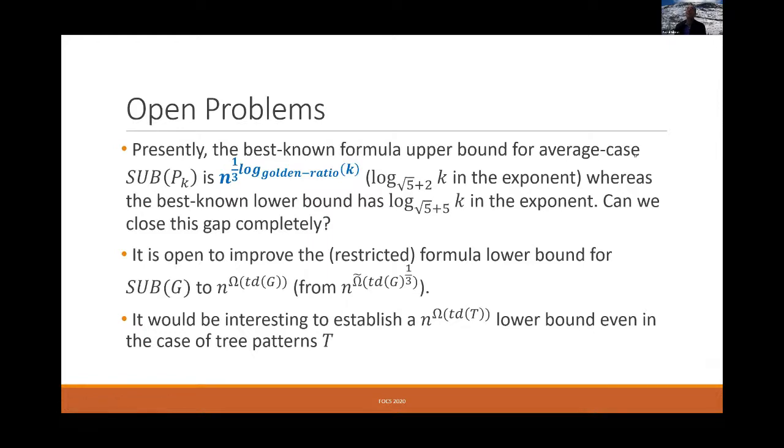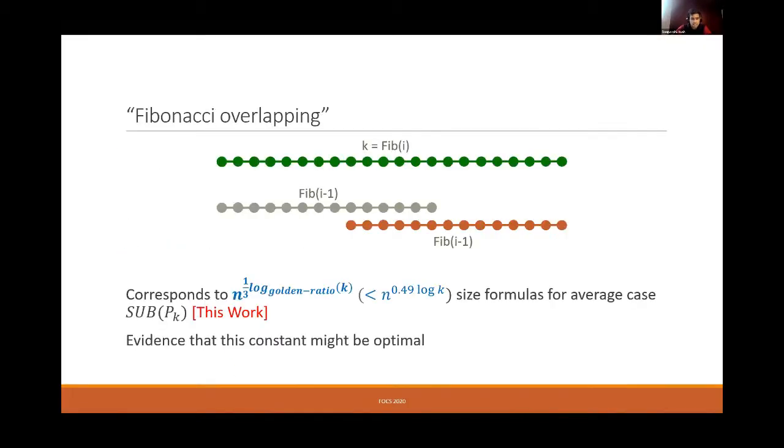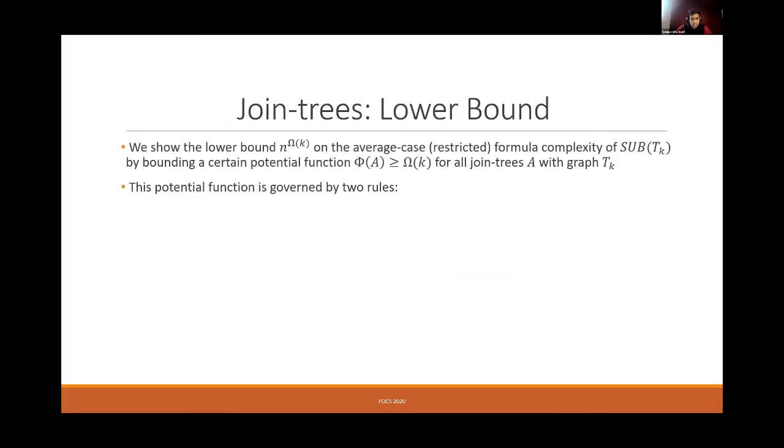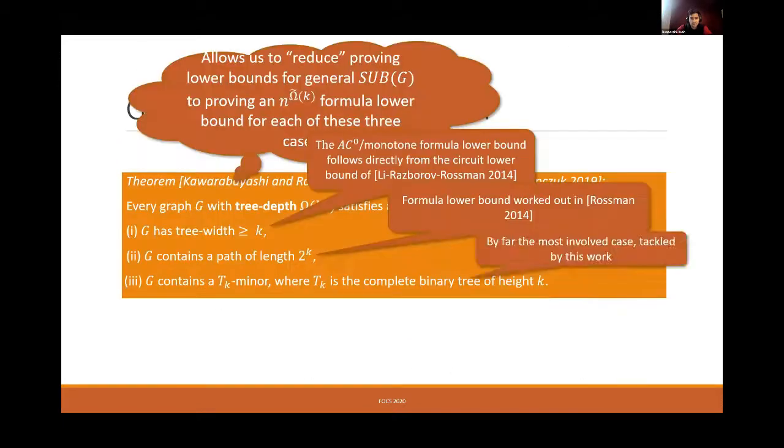Can you please clarify why you cannot get the improved lower bound using the minor theorems and this kind of reasoning? Oh, it has to do with the fact that there's a k cubed there.